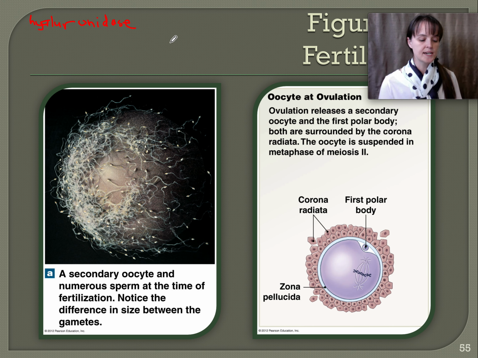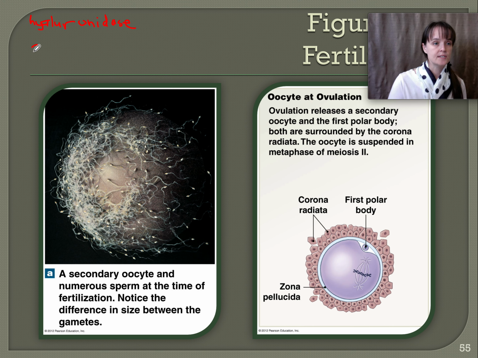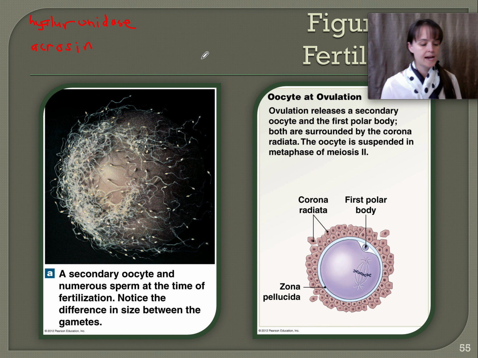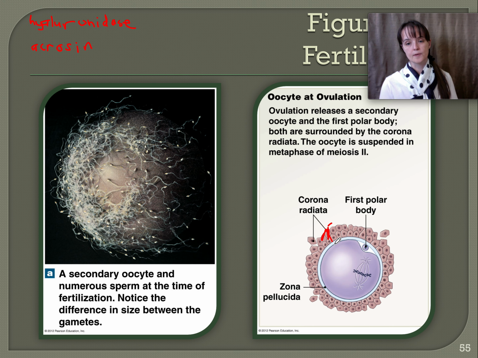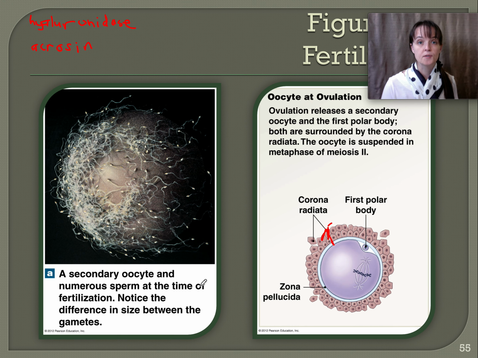The hyaluronidase breaks the corona radiata cells apart, and then acrosin, which is the other enzyme, breaks down the zona pellucida. So the hyaluronidase breaks through the corona radiata in between the cells, and the acrosin breaks through the zona pellucida. Again, it takes dozens of sperms' worth of acrosomal cap enzymes to break through the corona radiata and the zona pellucida for a sperm to get through to the oocyte.